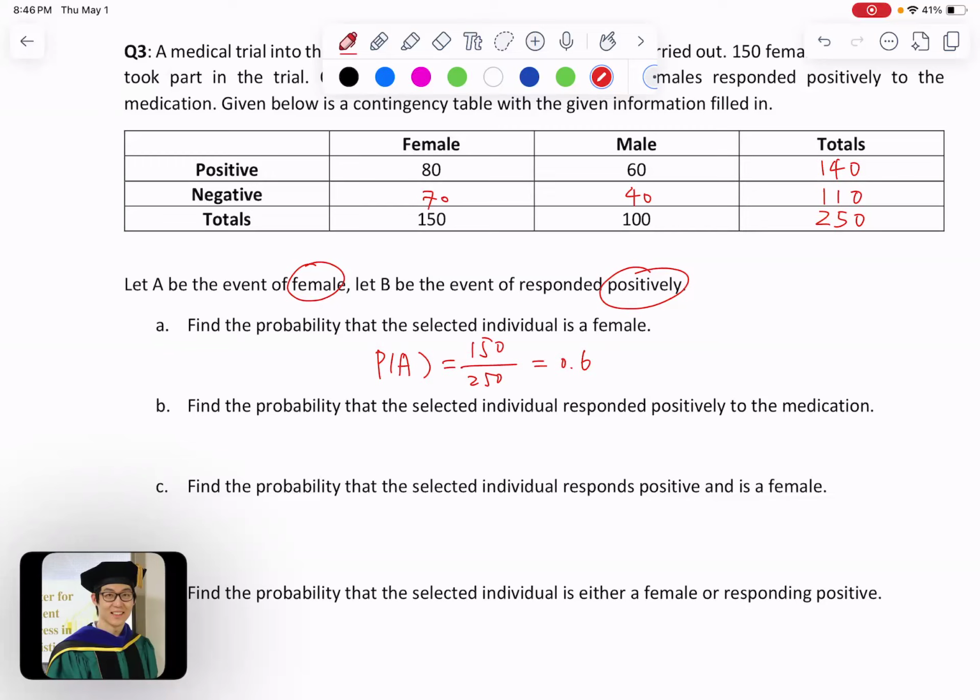And find the probability that the selected individual responds positively to the medication. That's the probability of B. Positively we have 140 total, the marginal total, over the grand total, so 0.56.